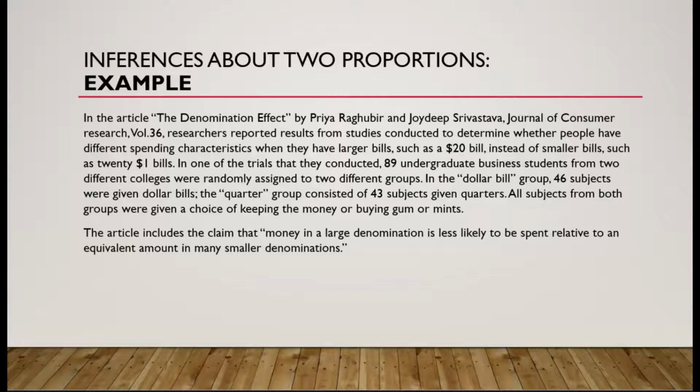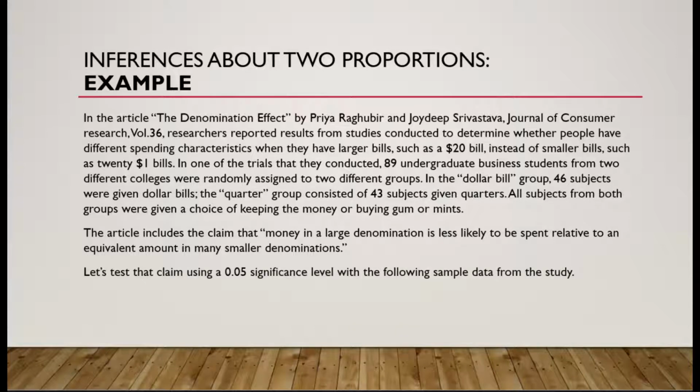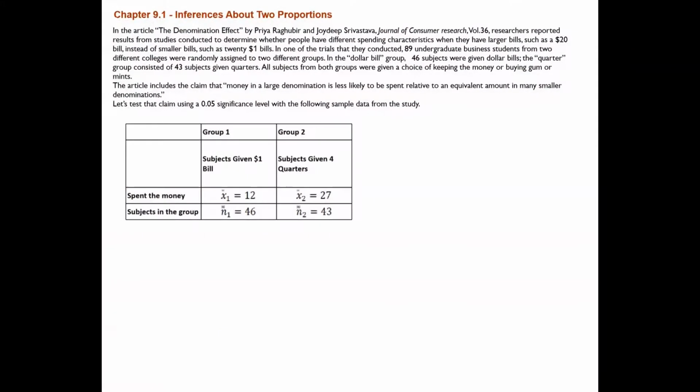The article includes the claim that money in large denomination is less likely to be spent relative to an equivalent amount in many smaller denominations. Let's test that claim using a 0.05 significance level with the following sample data from the study. To help us organize the data, I created a table.